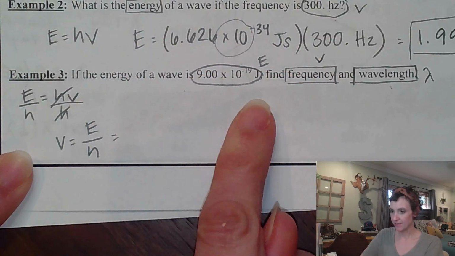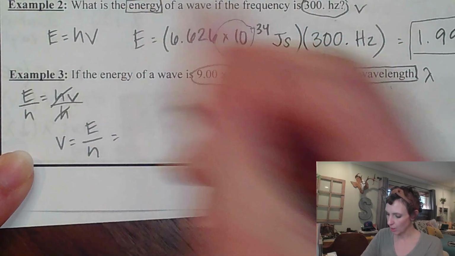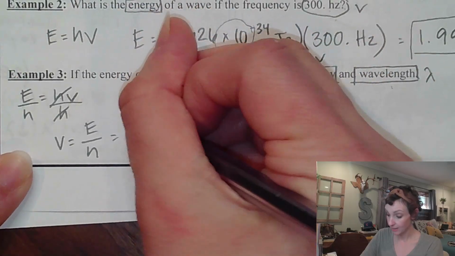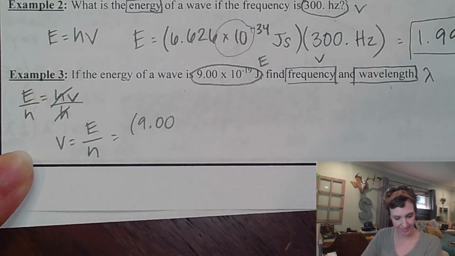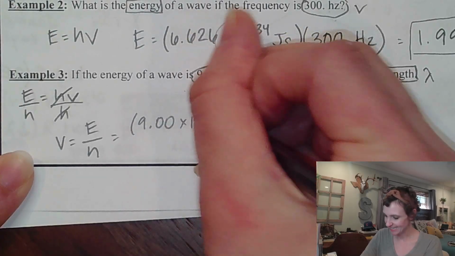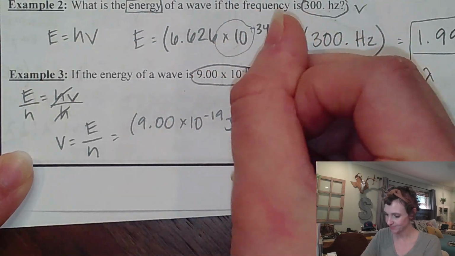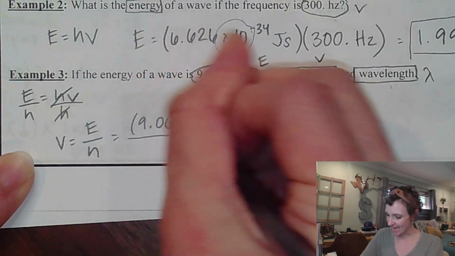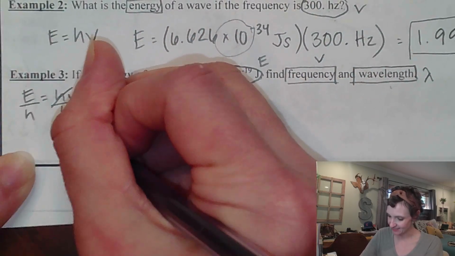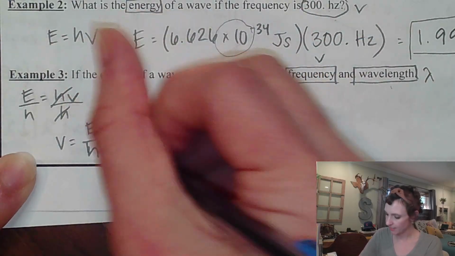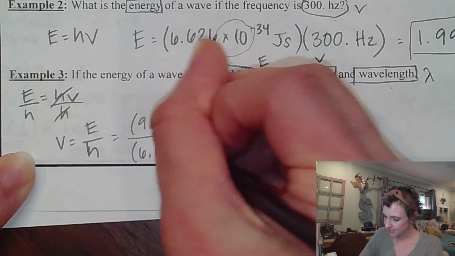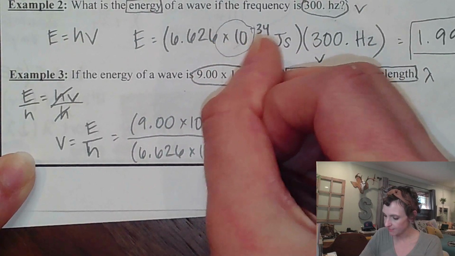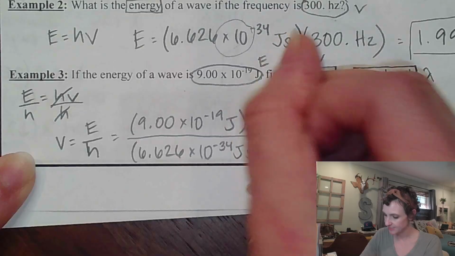And then I just grab my values. 9.00 times 10 to the negative 19th joules, right? And then my Planck's constant is, oh, it looks like an N. It is an h. Sorry about that. It is 6.626 times 10 to the negative 34th joule seconds.